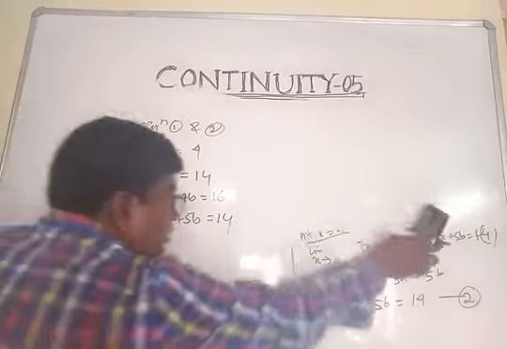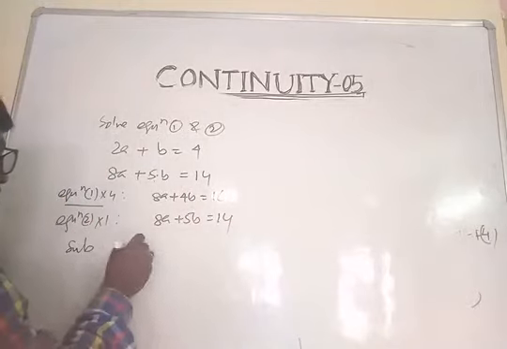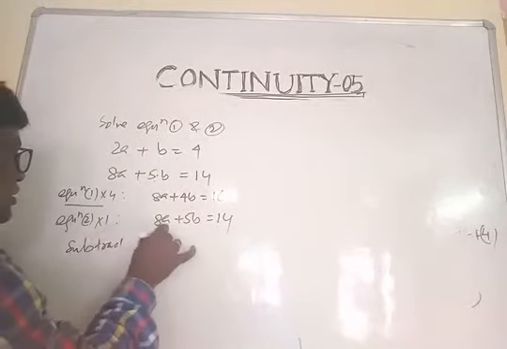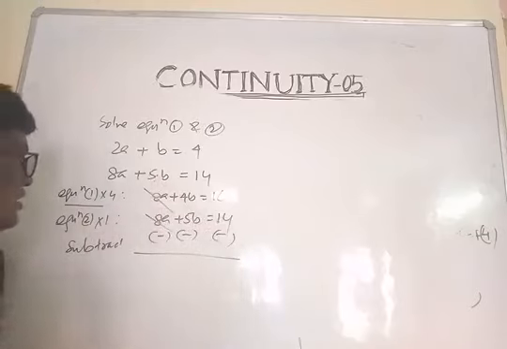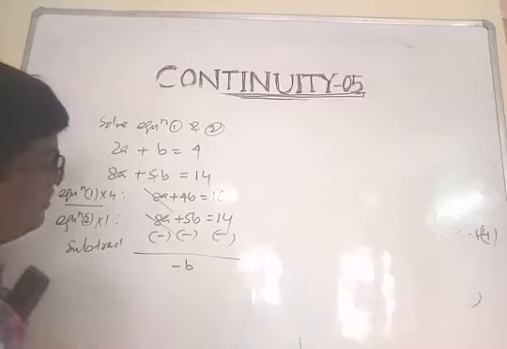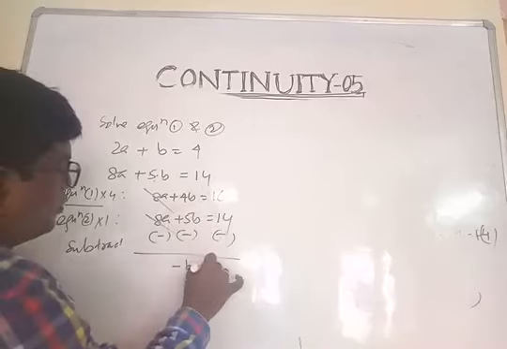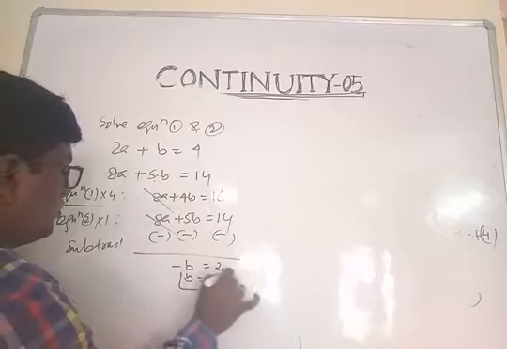Now subtract. This minus, this minus, this minus. So 8a cancels. 4b minus 5b is minus b, equal to 2, so b is equal to minus 2.